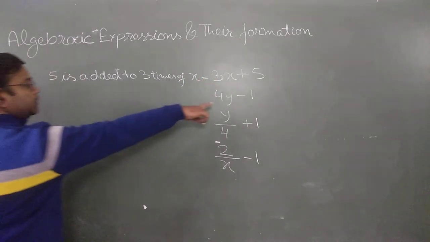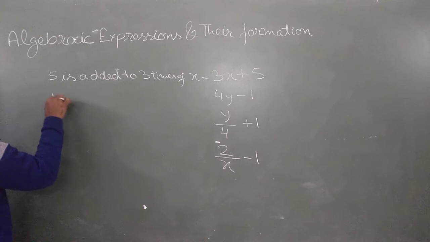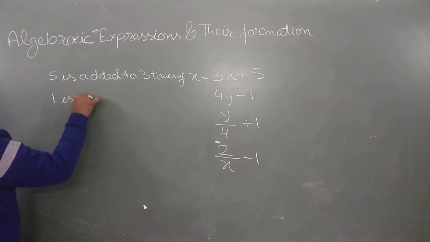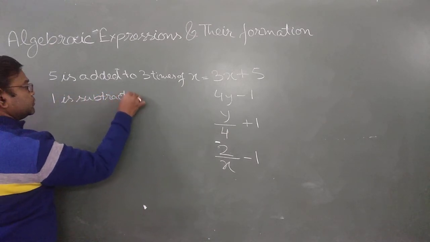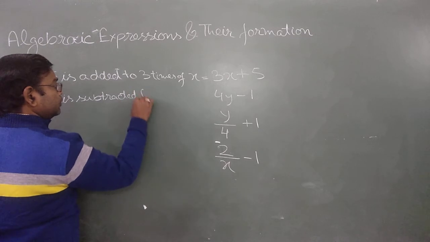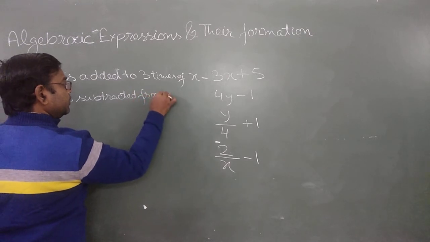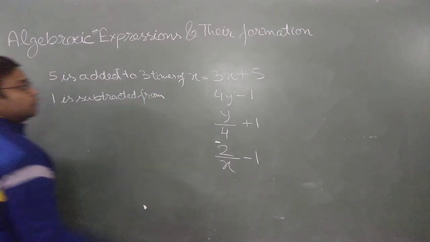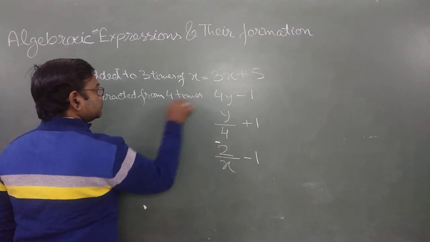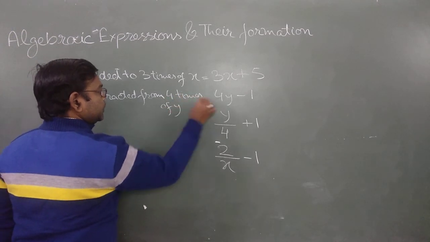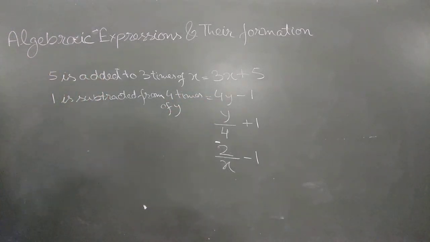Then again, similarly, we can write down 1 is subtracted from, in this case we have the word from, 4 times of y. This one. Clear? 4 times of y. Hope this thing is clear to you.